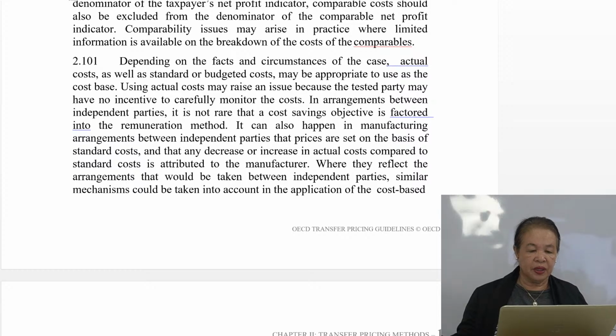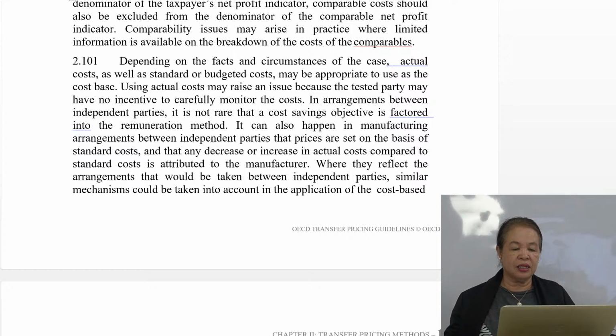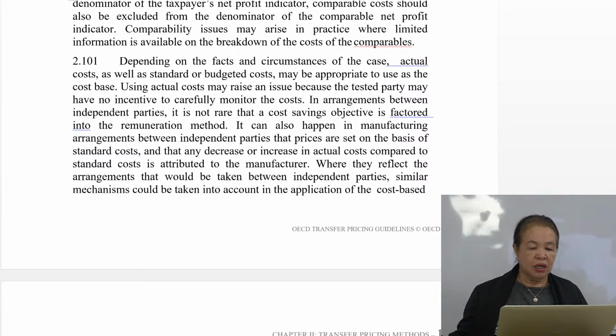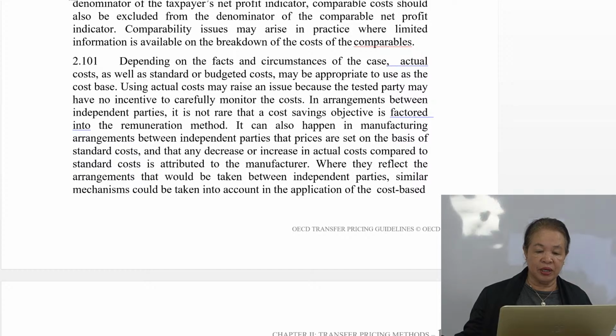No? And that any decrease or increase in actual cost compared to standard cost is attributed to the manufacturer, no? Kung may deviation. Where they reflect the arrangement that would be taken between independent parties, similar mechanism could be taken into account in the application of the cost base.